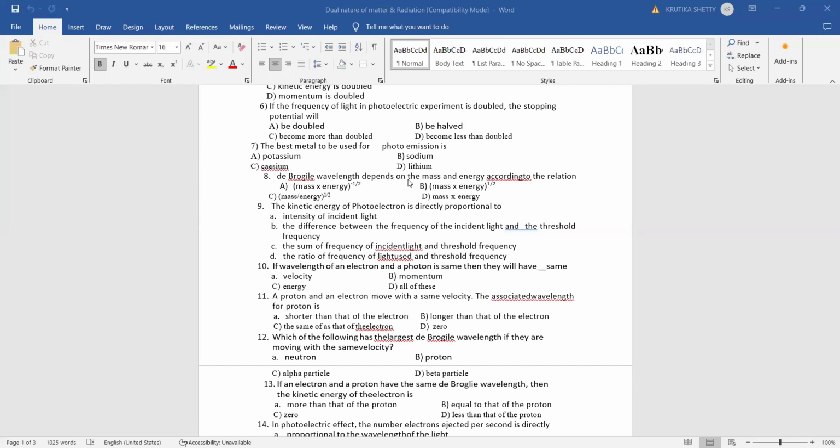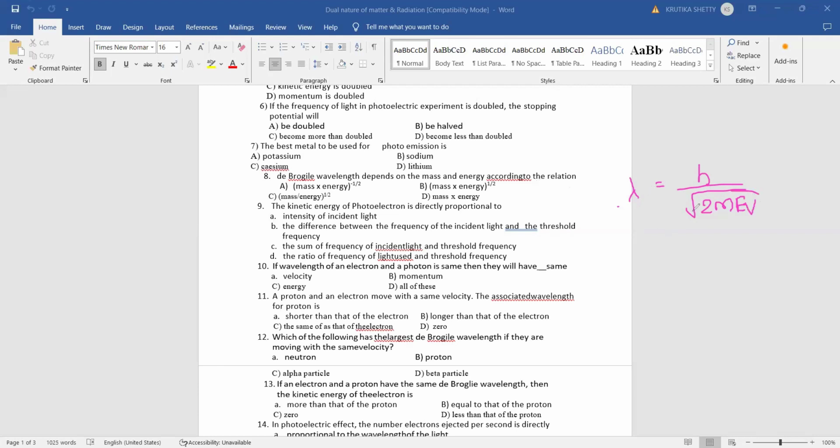De Broglie wavelength depends on the mass and energy according to the relation. If you remember the de Broglie equation, lambda is equal to h upon under root of 2mE.